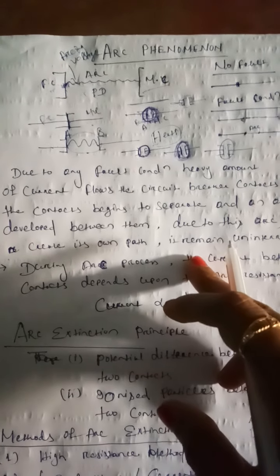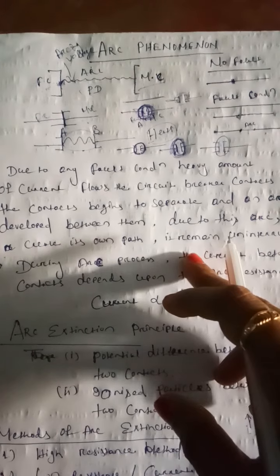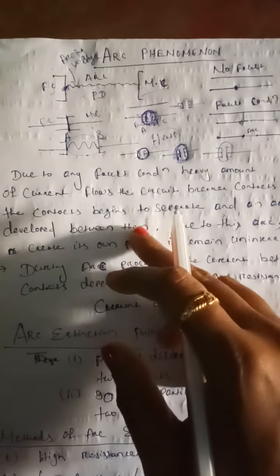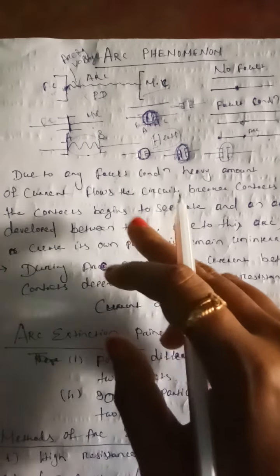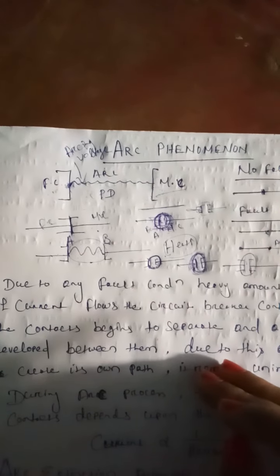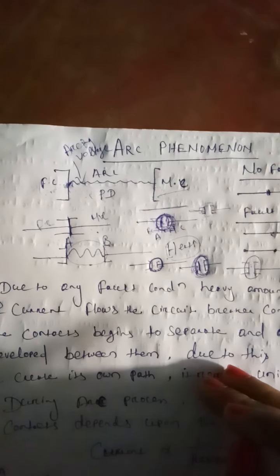In our power system, when any fault arises, first the relay sends the fault signal to the circuit breaker. At that time, the circuit breaker starts working. When any fault arises, in the circuit breaker the moving contact starts moving away from the fixed contact, and in between the fixed contact and moving contact an arc is produced.